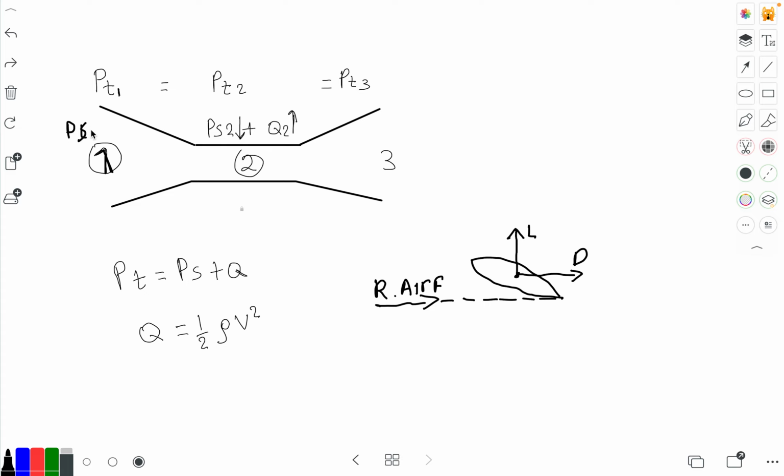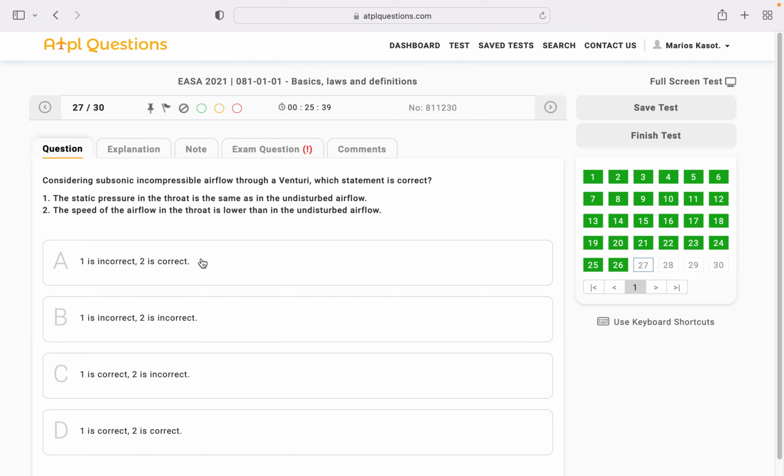Static pressure 1 and Q1. We see at point 2, which is in the throat, static pressure goes down because dynamic pressure goes up. So, static pressure in the throat is the same? Of course it's not the same, and sentence number 1 is incorrect.